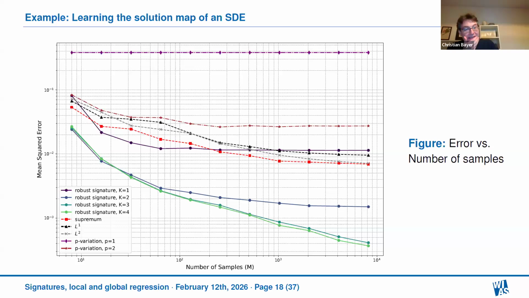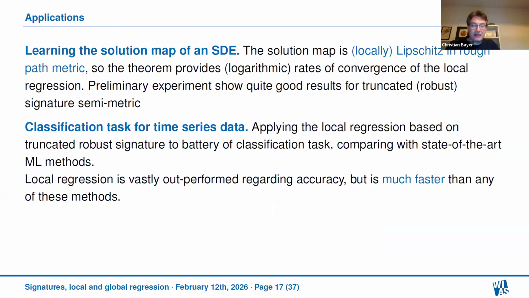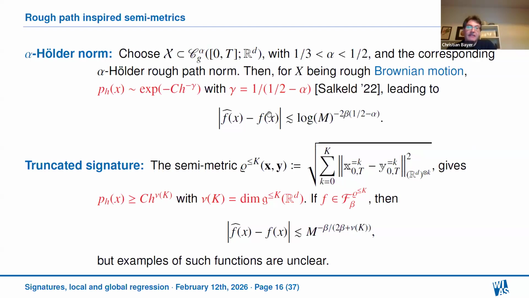Right. And you can see some examples here. What this plot says is, it's important that I use the rough path Hölder norm, not the standard Hölder norm.